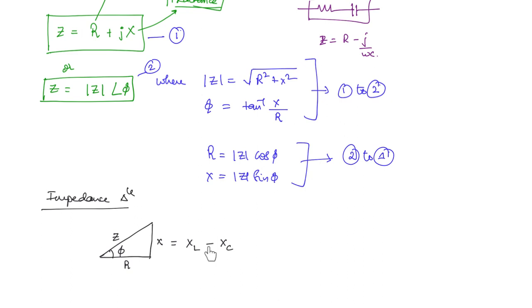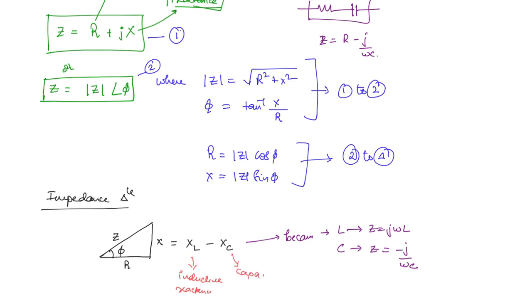Why are we assigning a negative sign to capacitive reactance? Because if you remember, for an inductor the impedance we got as jωL, and for a capacitor we got the impedance as minus j by ωC. So this is inductive reactance and this is capacitive reactance.